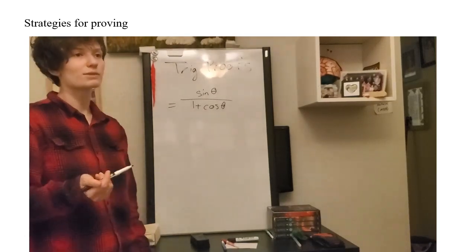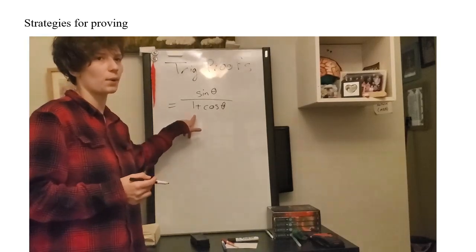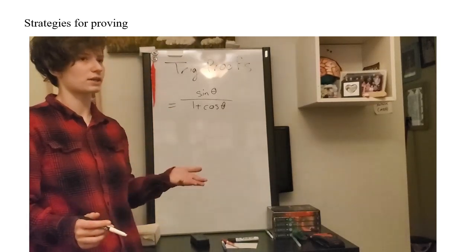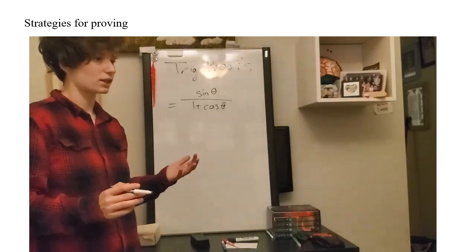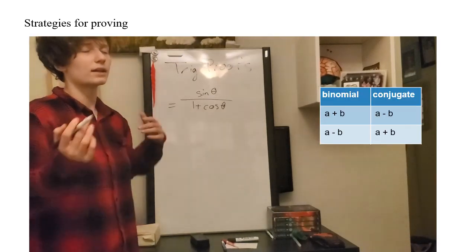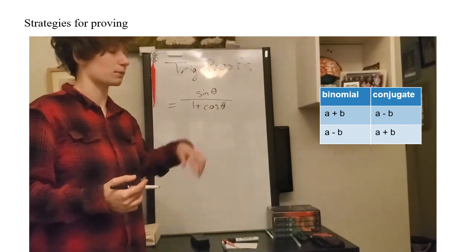You can also multiply the top and bottom by the same value, in this case the conjugate of the bottom, because that may allow you to simplify your fraction in a further step. The conjugate is, if you have something like a plus b on the bottom, your conjugate would be a minus b, and if you had a minus b, you'd have a plus b.